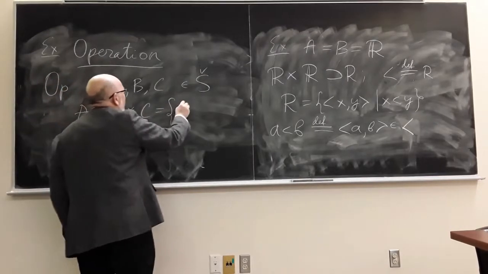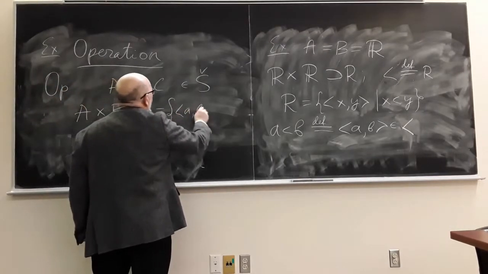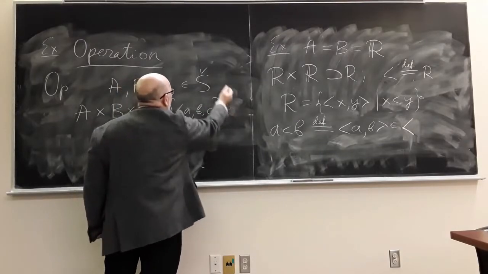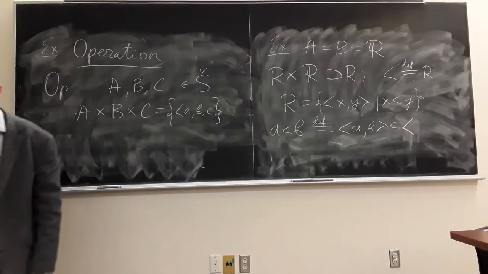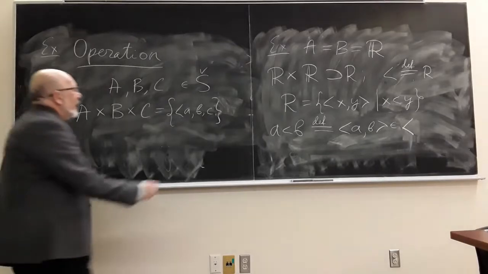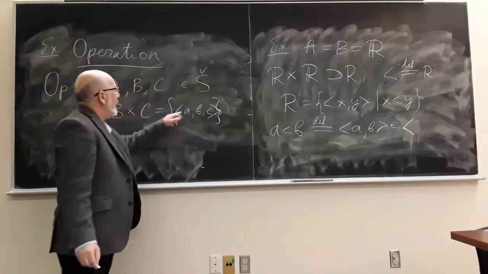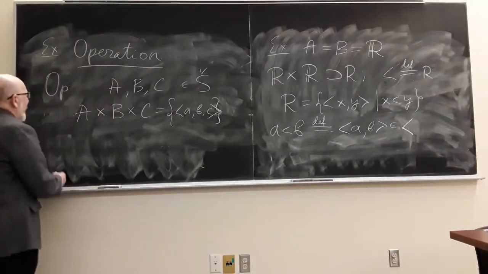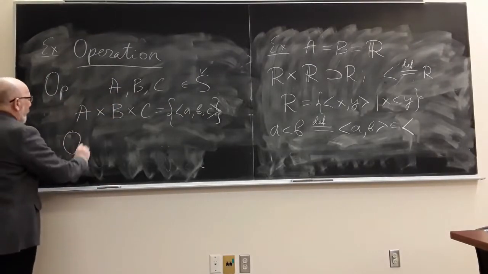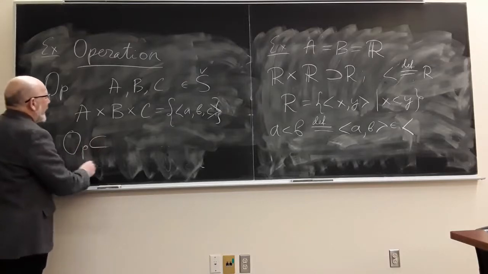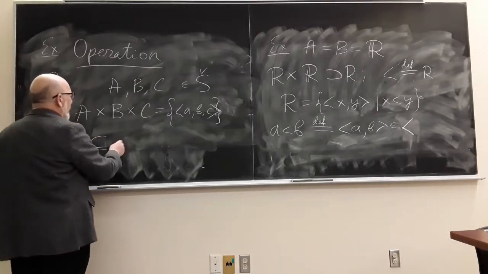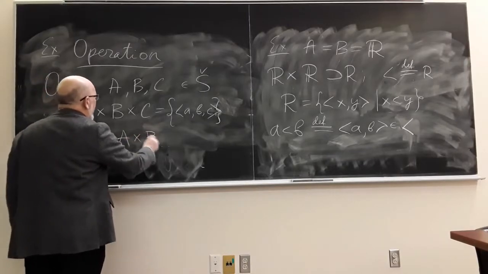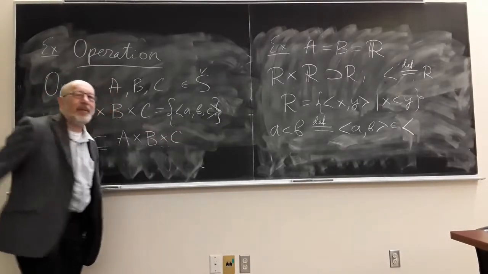It is the set of ordered triples. Element from A, from B, and from C. And consider some set op, which is a subset of A times B times C. Yeah.